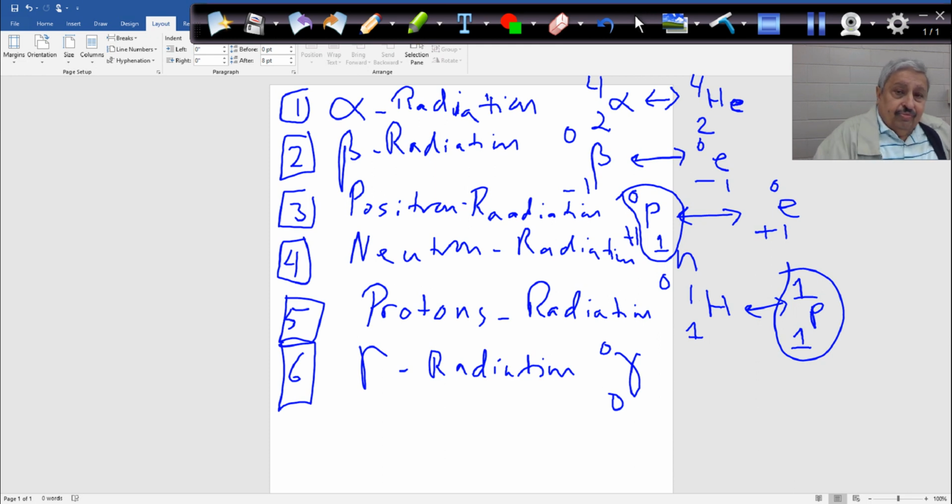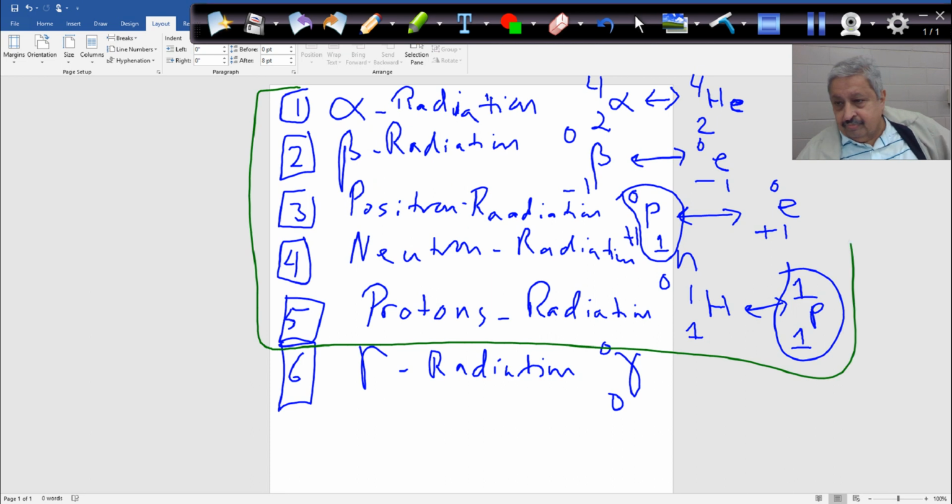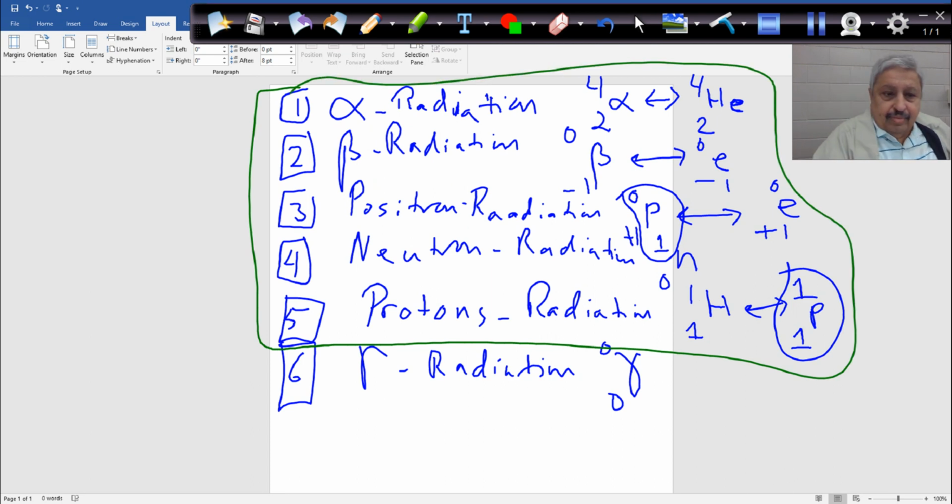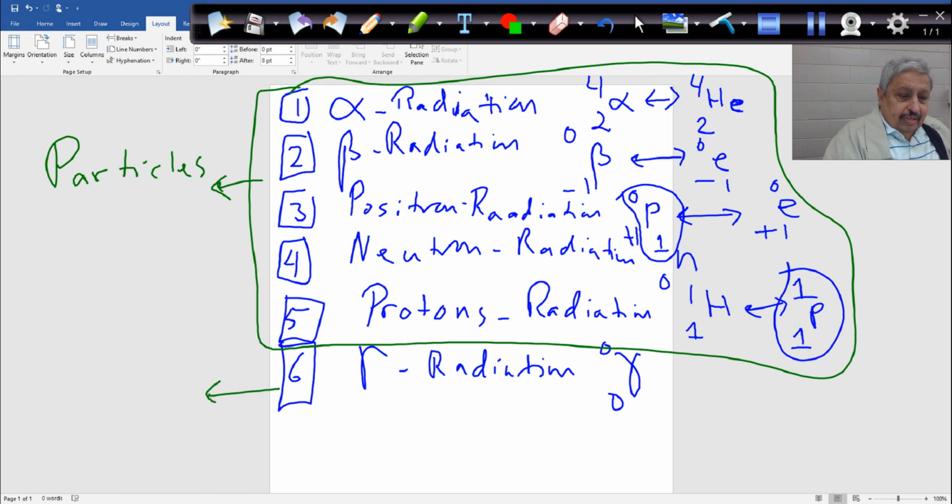So all those 5 here are particles, and this is non-particles.